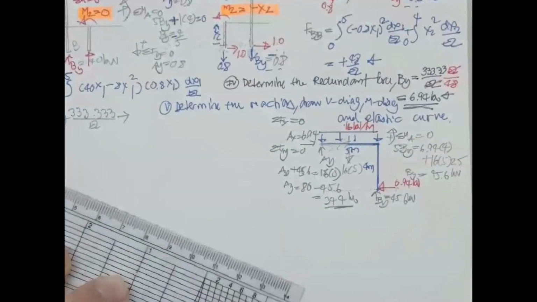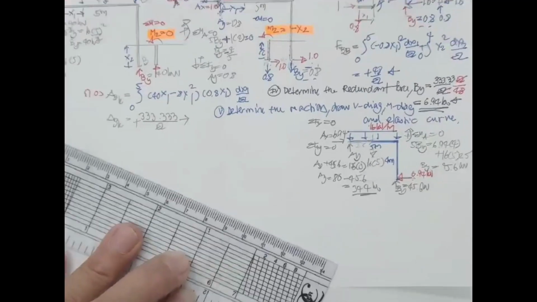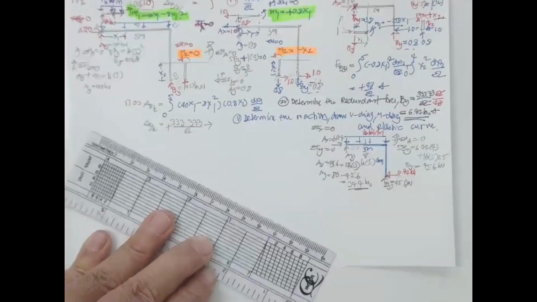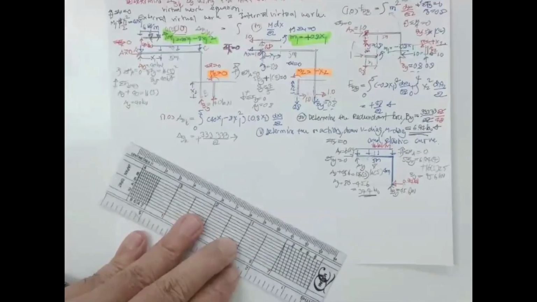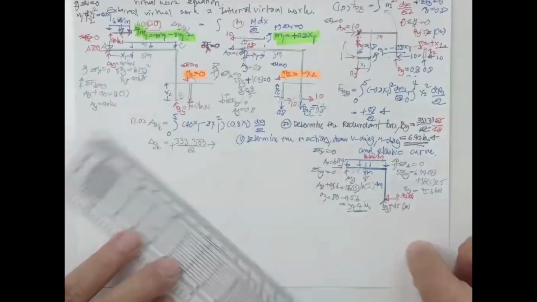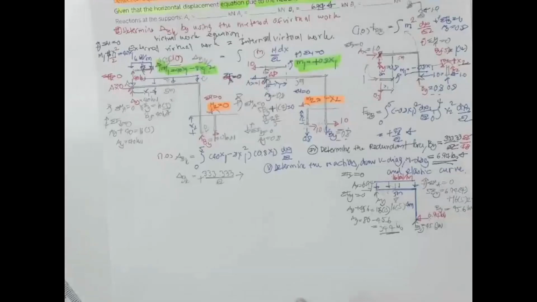Okay. Now, let us review what we should be able to draw the shear diagram and moment diagram. Before I start to draw the shear and moment diagram, let me stop the zoom.